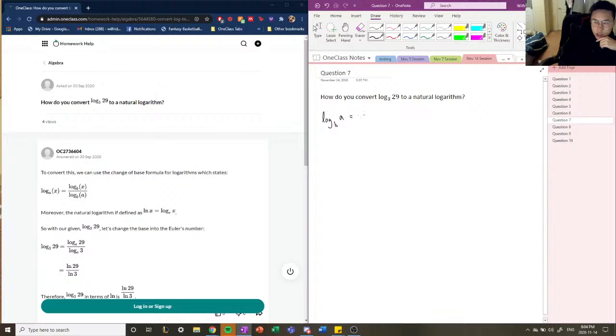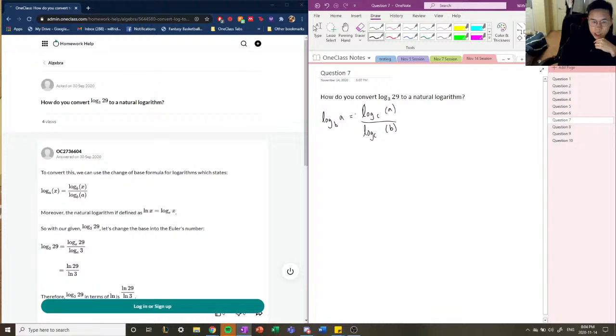Let's say that we want to convert it to base c, then we would have log base c of a at the top and log base c of b at the bottom. So this is how you convert your first logarithm to a different logarithm.